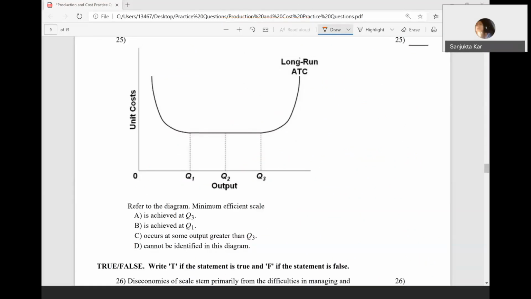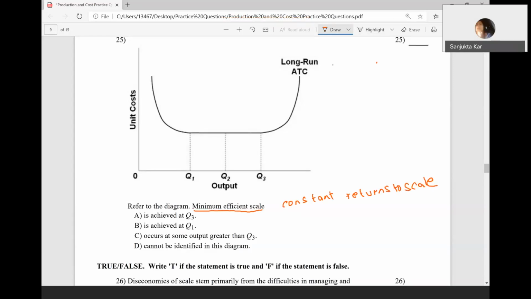So the next question is asking us to find out minimum efficient scale starts at what point. So minimum efficient scale means having constant returns to scale.